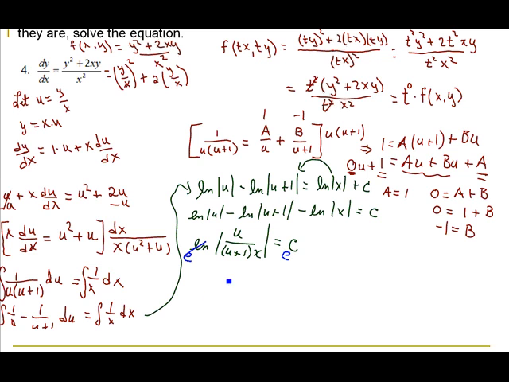E and natural log are inverses of each other. It's going to give you u divided by u plus 1 times x equals e to the c. I'm going to multiply by the common denominator. So that's going to bring my u times u plus 1 times x up. I get e to the c x times u plus 1.